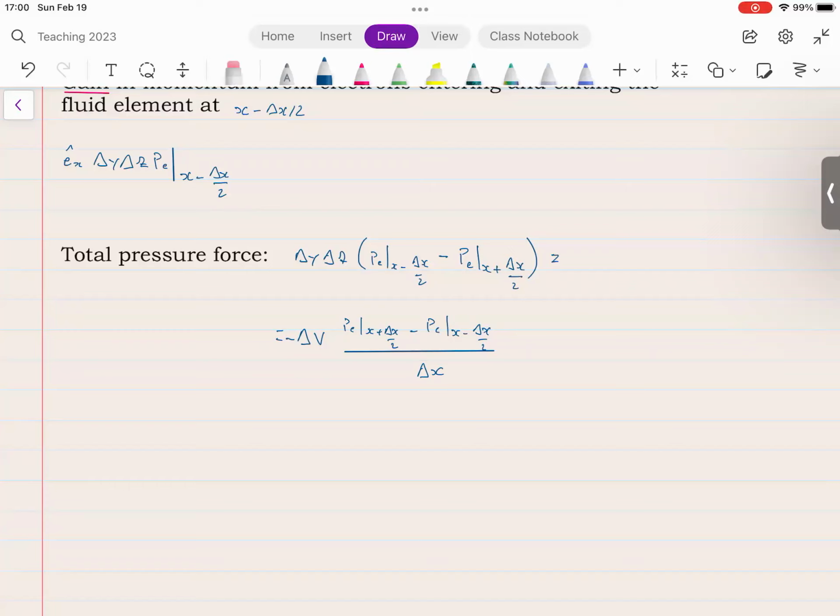Then I take the limit for delta x going to 0, essentially.